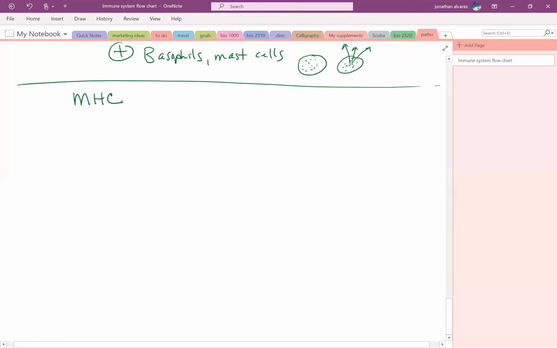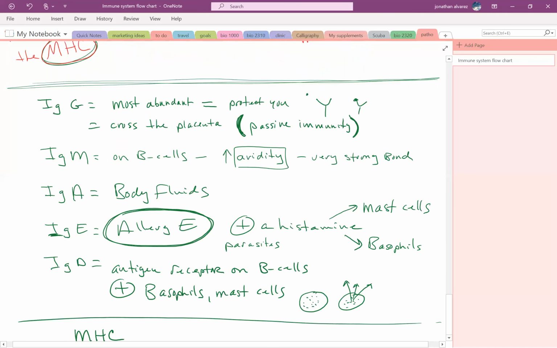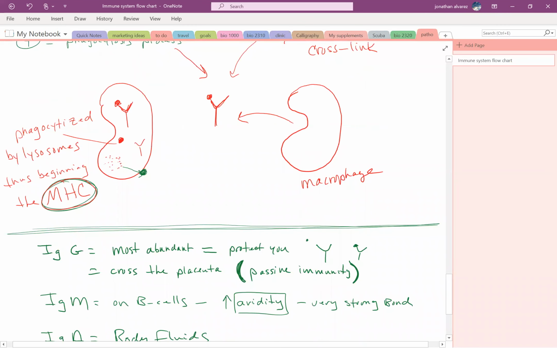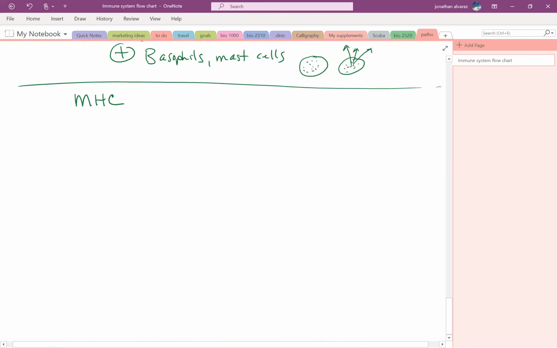Okay, so back at what we looked at earlier with the macrophage, this big Pac-Man that comes in. Let's dive in a little bit more specific about that.